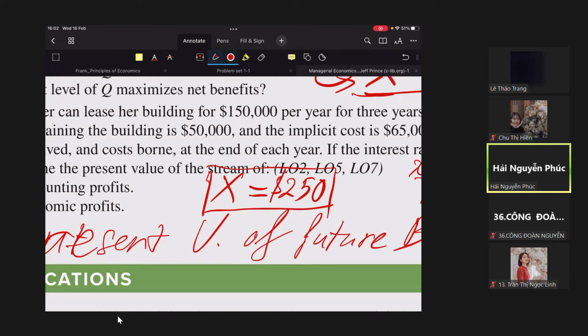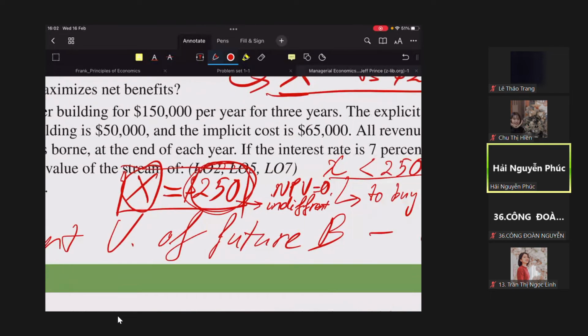In this case, if the present value of future benefit exactly equals the initial sum of investment, then it means that the NPV is equal to 0, and we can say that you are indifferent. We say you are indifferent between buying the standard model or the energy efficient model. Understand the point?